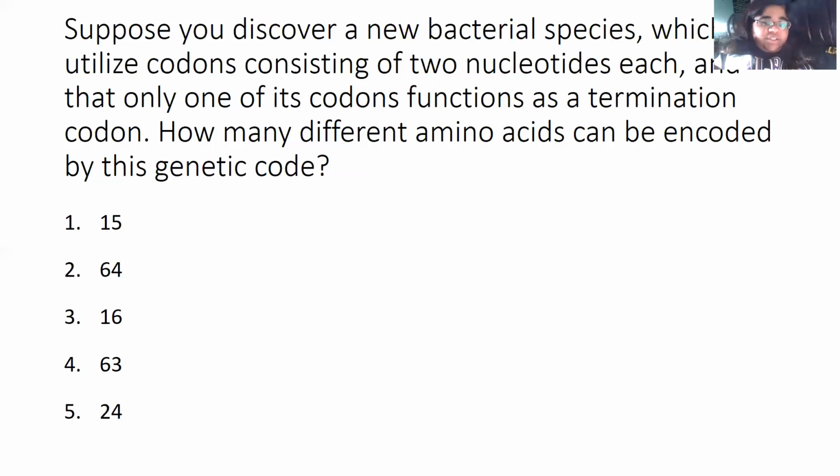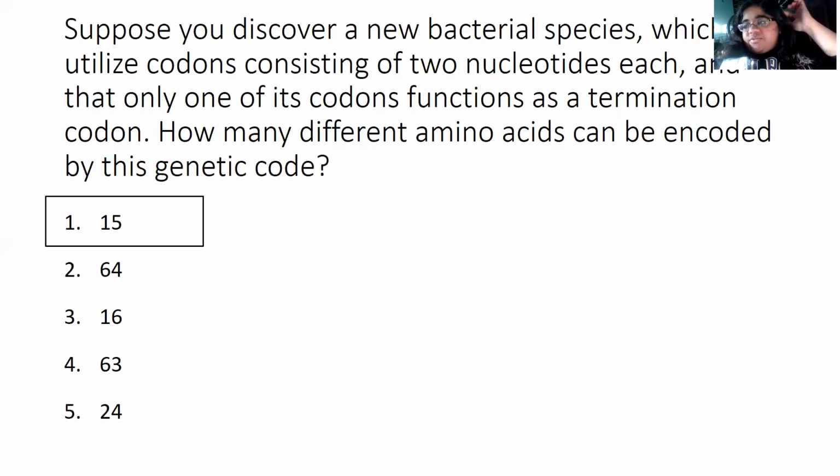How many different amino acids can be encoded by this genetic code? The answer in this case is 15. Because it's like the 2 to the n case. Oh no, wait. 4 to the n, sorry.